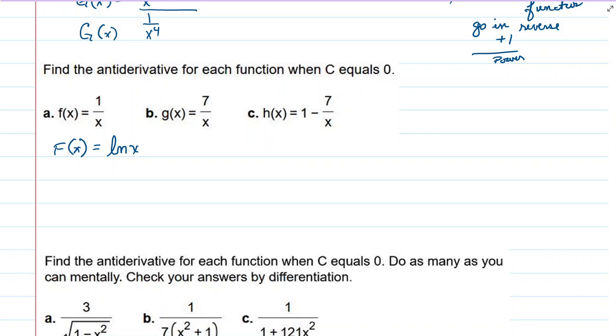All right. Well, on this one, we have a multiplier. What's my multiplier? 7, right? So we're going to have cap G of x equal to 7 ln of x. Questions? I could rewrite that as 7 times 1 over x, couldn't I?